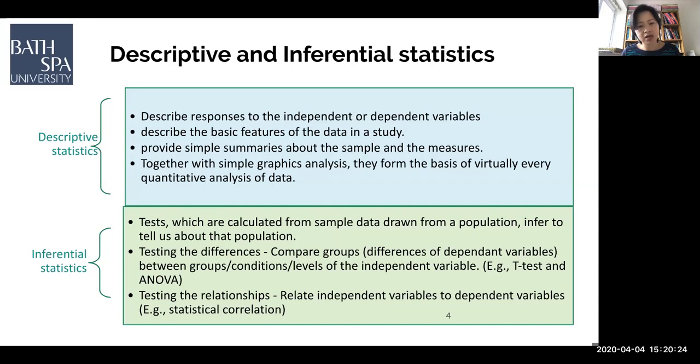So this lecture focuses on descriptive statistics, which is to describe responses to the independent and dependent variables, and to describe the basic features of your data, the overall figures of your data.